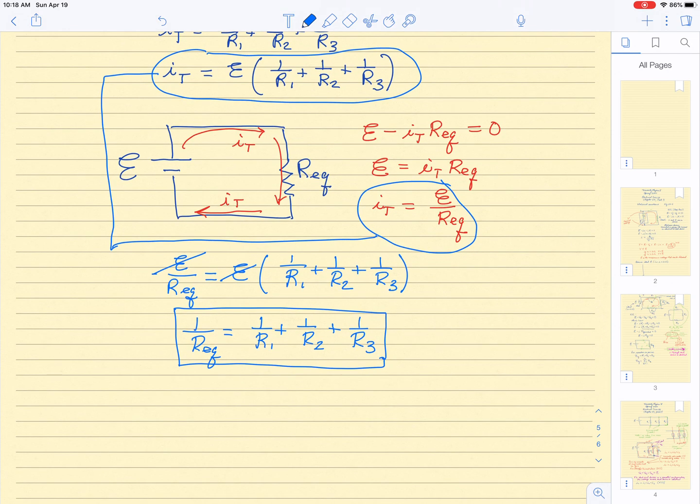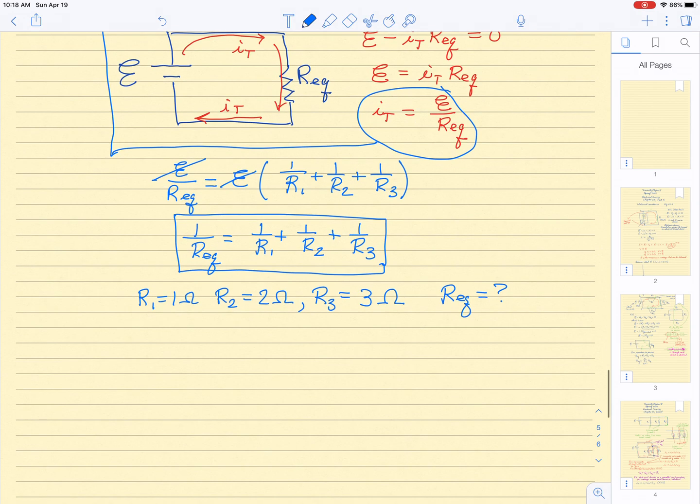So let's just pretend, by way of example, that R1 is 1 ohm, R2 is 2 ohms, and R3 is 3 ohms. What would the equivalent resistance be? Okay, well, we can easily figure that out.